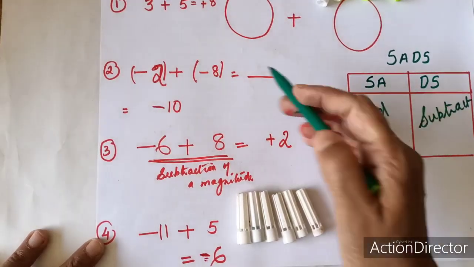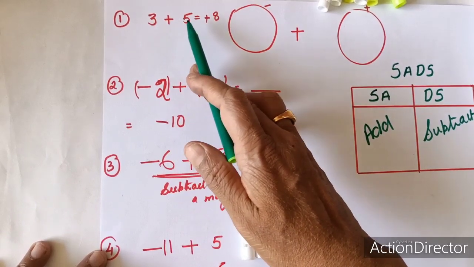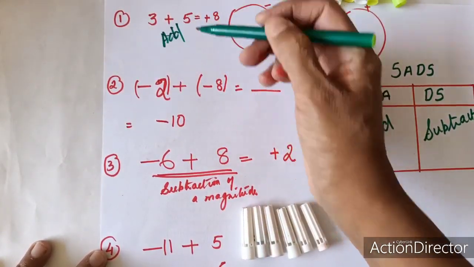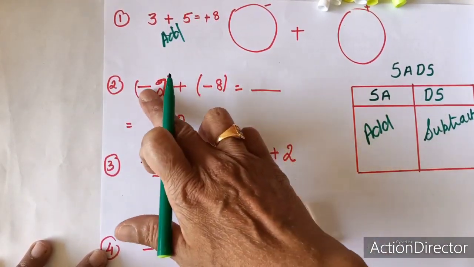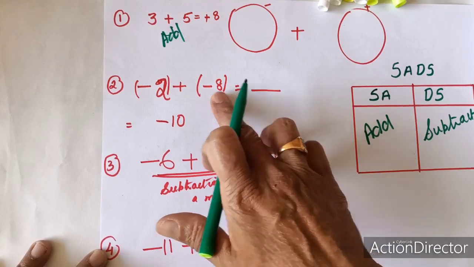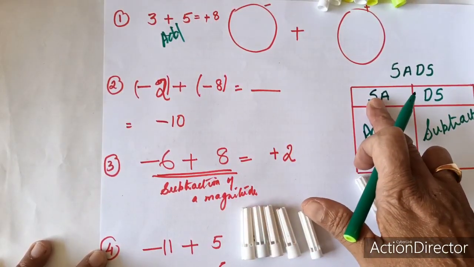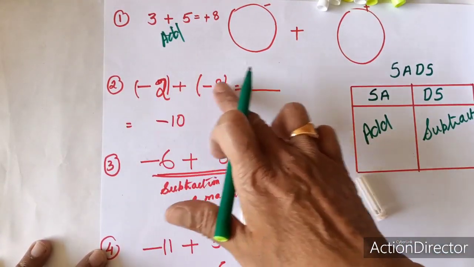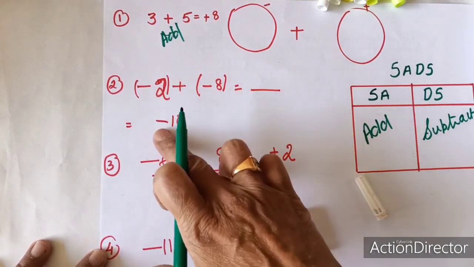By looking at this example, you can understand here plus 3 and plus 5 are the same sign, so you are adding in this. Here also minus 2 and minus 8, same sign. Negative 2, negative 8. Negative stands for minus. So these two are the same sign, so it comes under this category, same sign add. So you are adding 8 plus 2, 10, and put the same sign. What is the same sign?